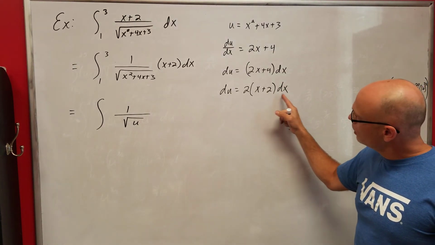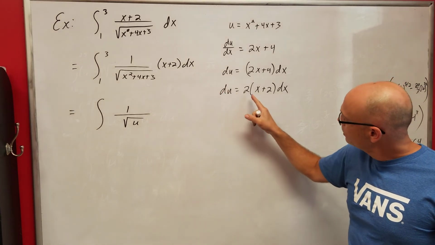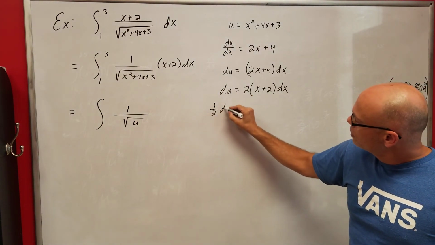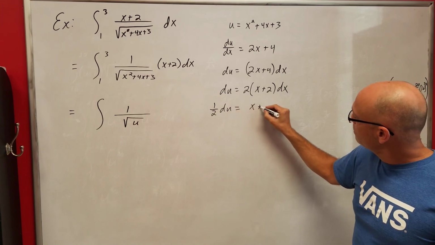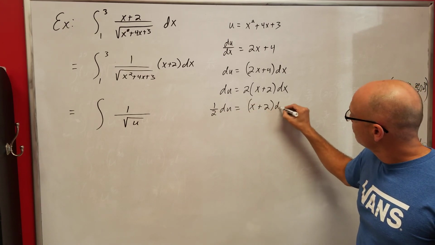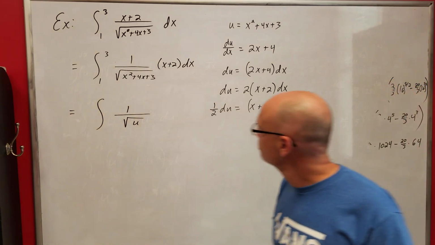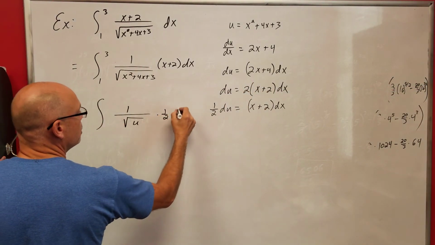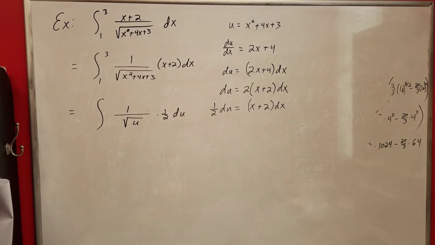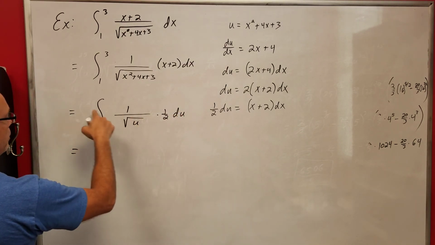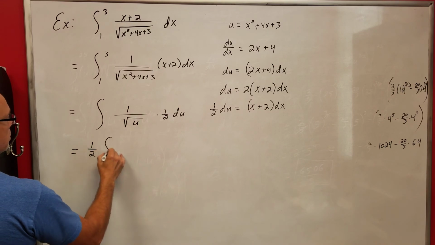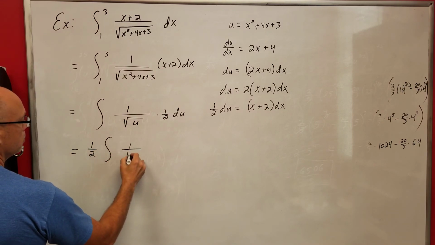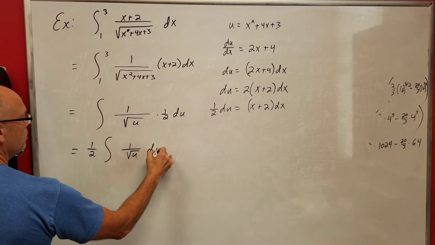To get this part exactly like that, just divide both sides by 2 or multiply by half. So 1/2 du is equal to x plus 2 dx. So what is x plus 2 dx? 1/2 du. Pull the half to the outside. Take the integral of 1 over square root of u du.